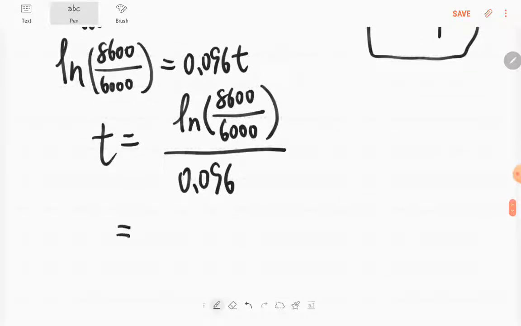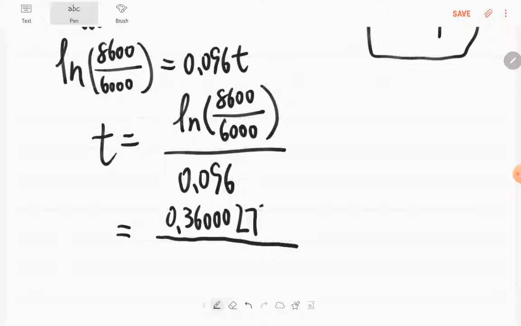If you use a calculator to compute the natural log of this fraction, that would be 0.360002734. As I said, you need to keep as many decimals as possible to get an accurate final answer, right?